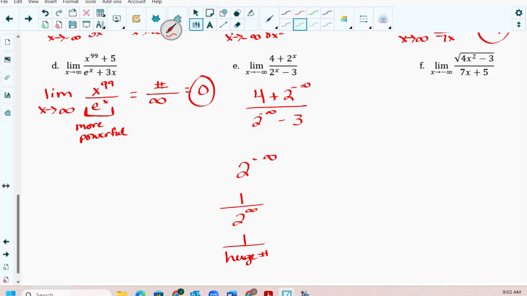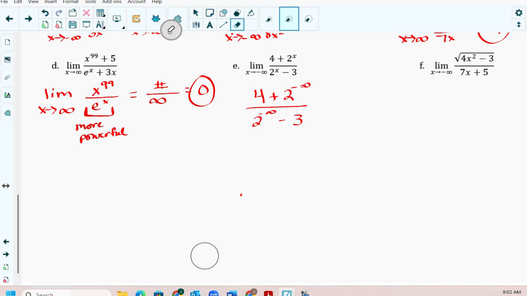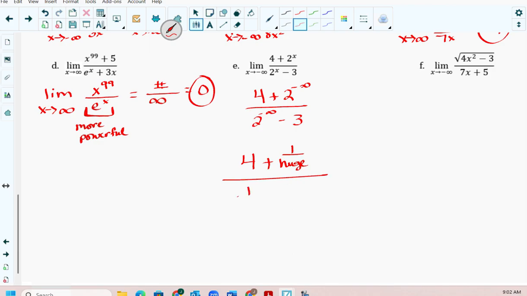Right? Do you see how that becomes 0? Wouldn't it just flip the denominator as well? No, this individual term, so I don't have enough room. Let me get rid of this. So this is like 4 plus 1 over huge, over 1 over huge minus 3. You can't flip until you've combined denominators, and we're not going to combine denominators because we don't need to.